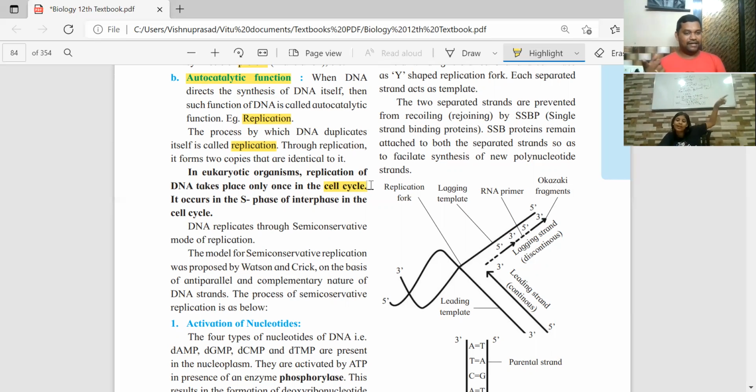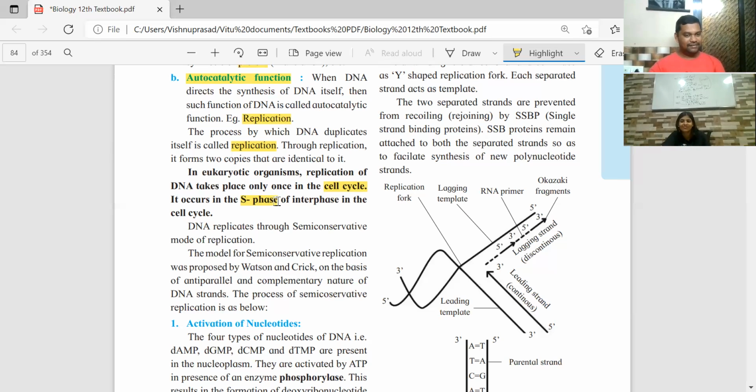In that interphase, the cell is preparing itself for the division. The S phase is the synthesis phase, that means new synthesis of molecules takes place. It is the phase where DNA replication takes place.